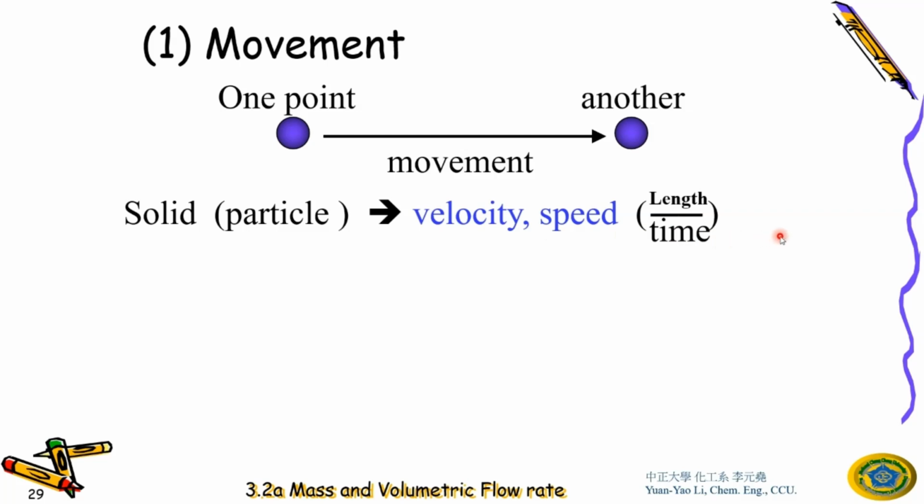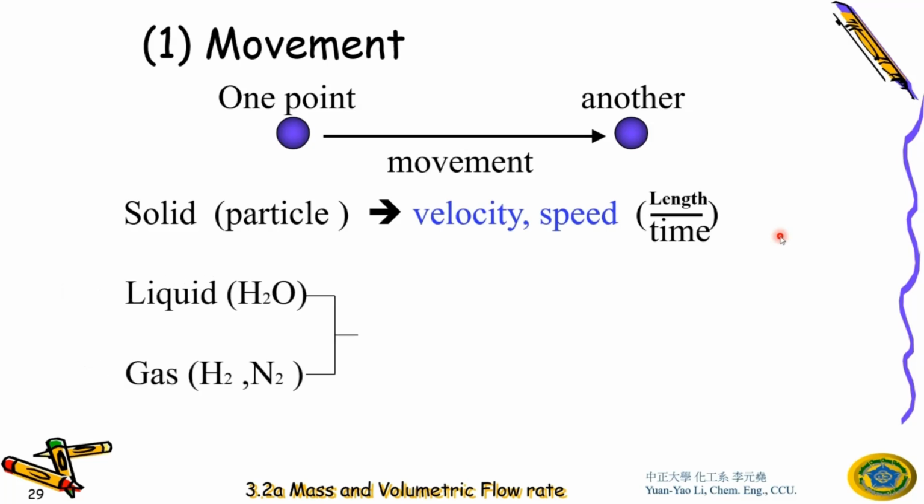However, if you have a gas or a liquid, how are you going to represent the speed of this movement? You cannot regard liquid and gas as a kind of solid object, right? So there's no way to make a definition like length divided by time.